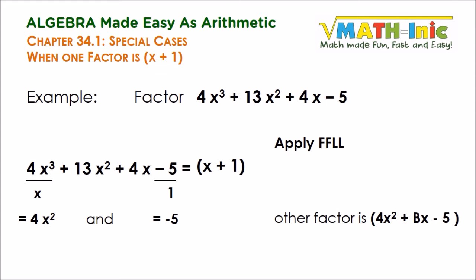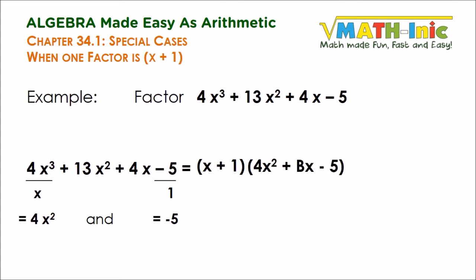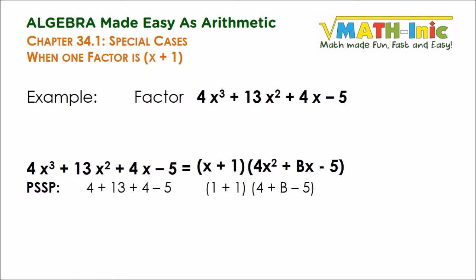Now we don't know yet what b is. So this sum will be determining b. We may use the product of the sums is equal to the sum of the product to determine experimentally b.